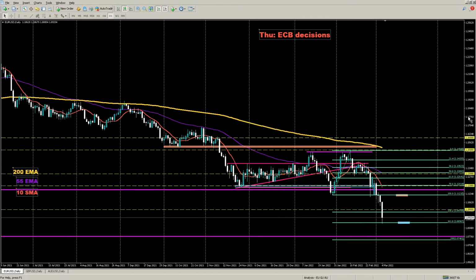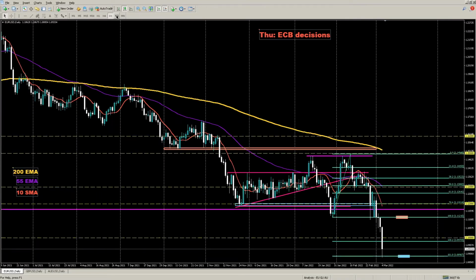And if it drops even further, then the next key support level is at the 200, along with this swing low level here.